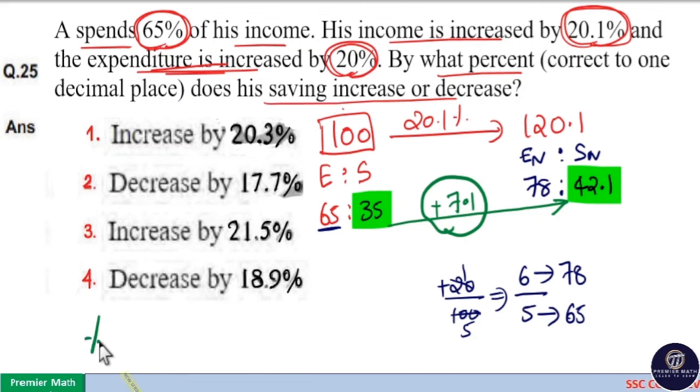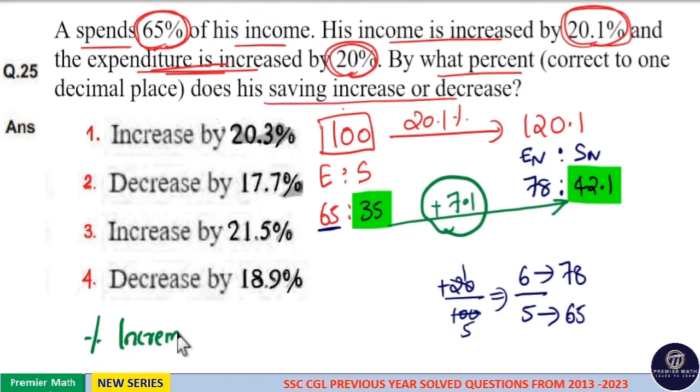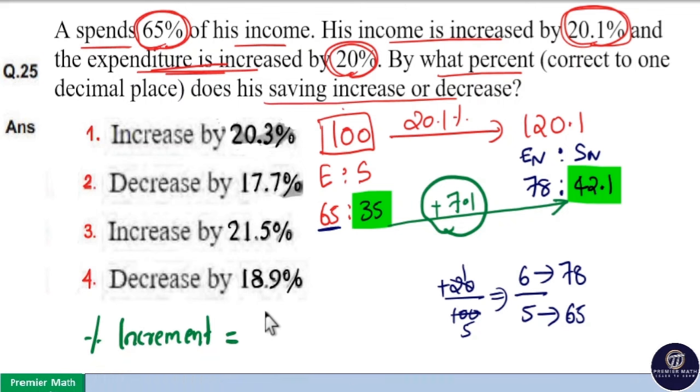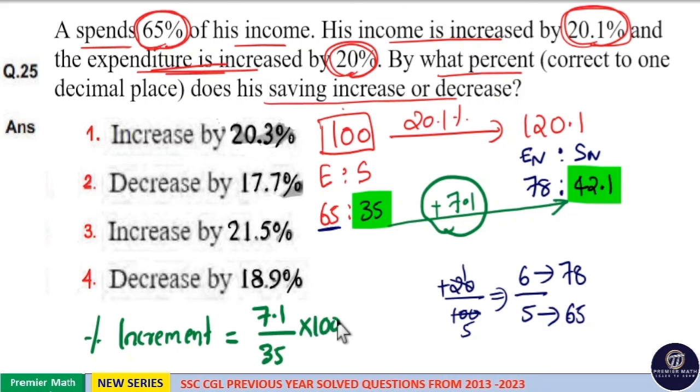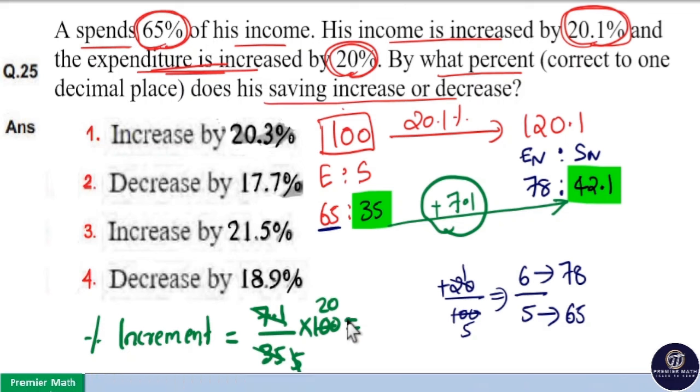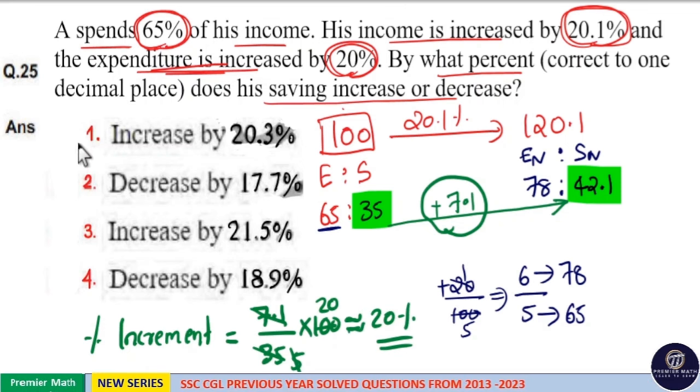So percentage increment is equal to 7.1 by 35 into 100. Consider this as 7. 7 goes 5 times in 35. 5 goes 20 times in 100. So this is around 20%. So option 1 is your answer.